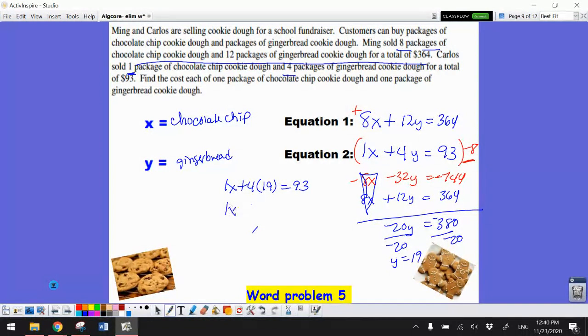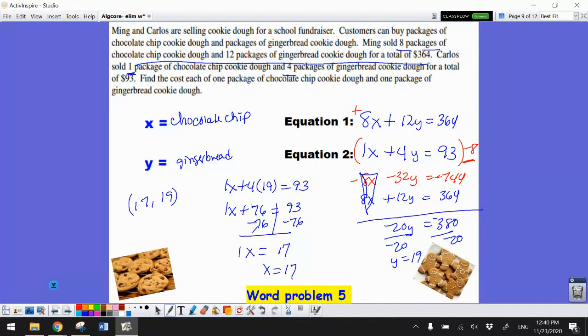gives me 76. So 1x plus 76 equals 93. Subtracting my 76, I get 1x equals 17. Now, I do not need to divide by 1. I know that dividing by 1 is not going to change anything. So my solution is 17, comma 19.